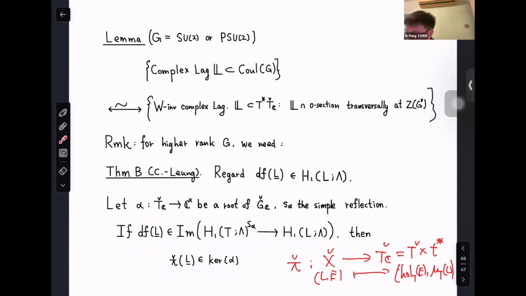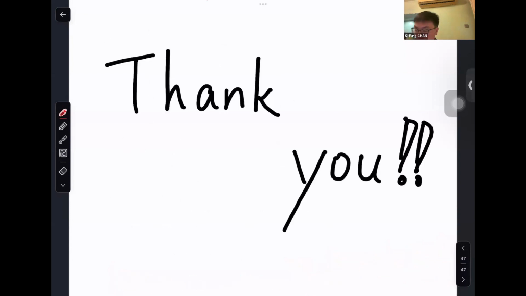And pi check(L) being in the kernel of alpha for all alpha is equivalent to saying that pi check(L) is in the center of G_C check. So that recovers Theorem A. Thank you.